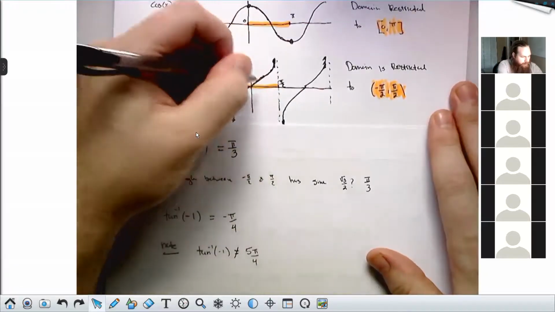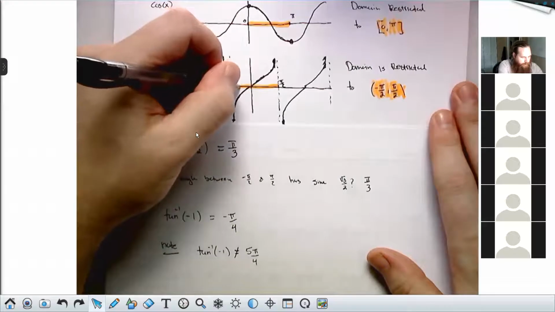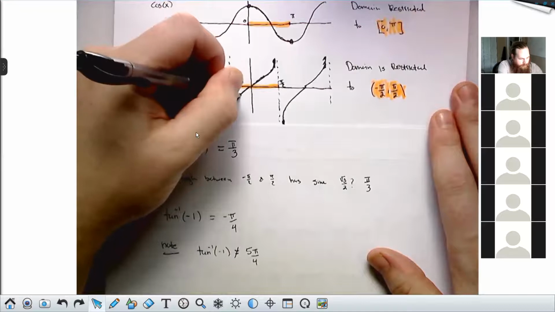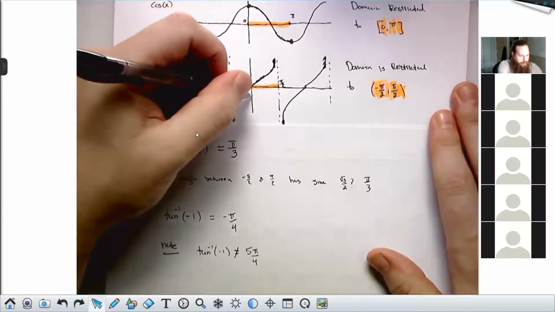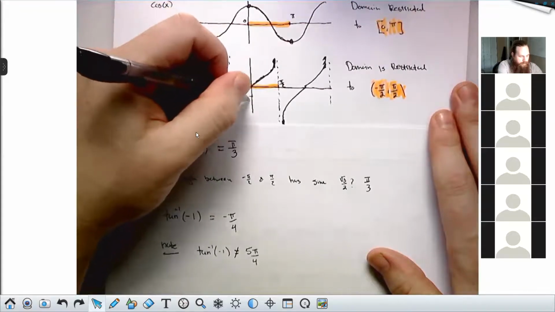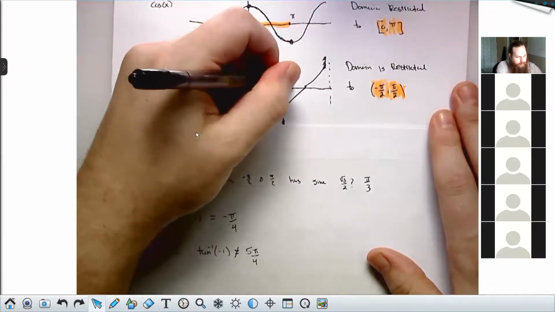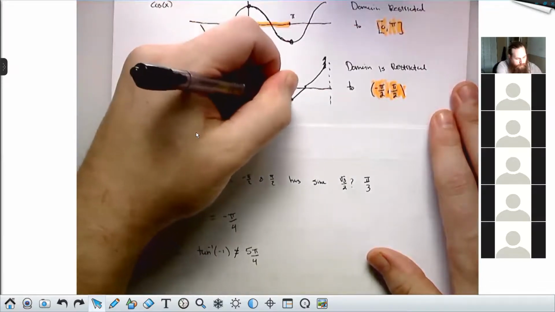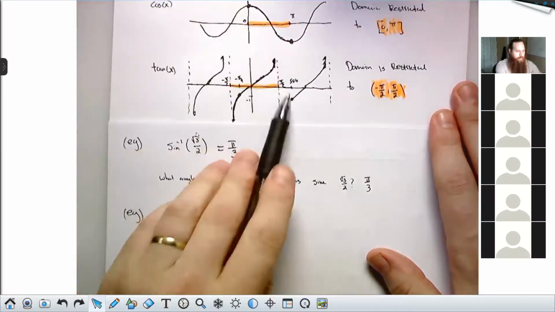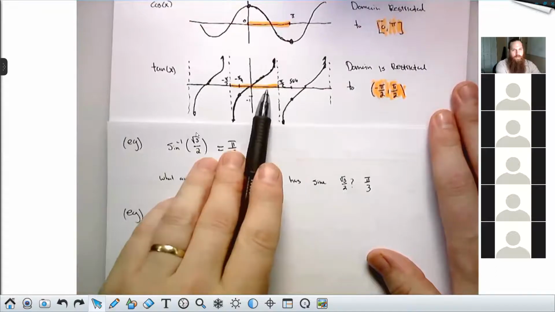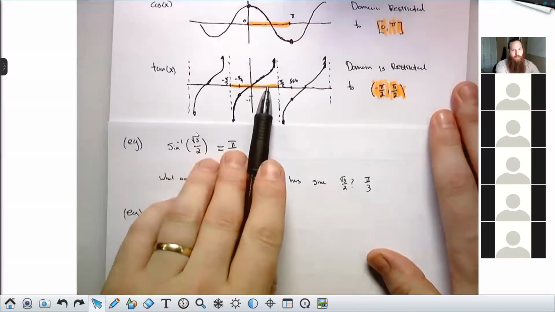So negative pi over 4 is right here. And here's the point negative pi over 4 comma negative 1. 5 pi over 4 is right here. So 5 pi over 4 does lead to the output negative 1, but it doesn't come from our restricted domain.